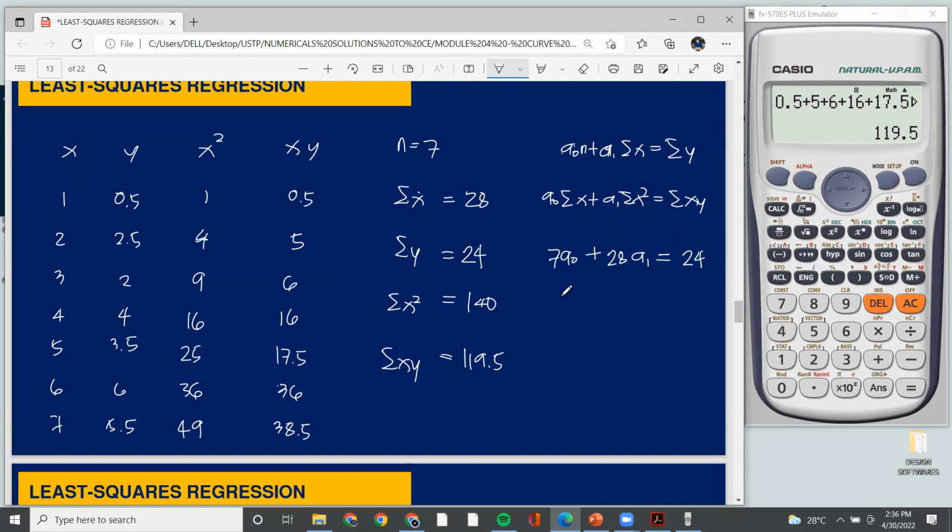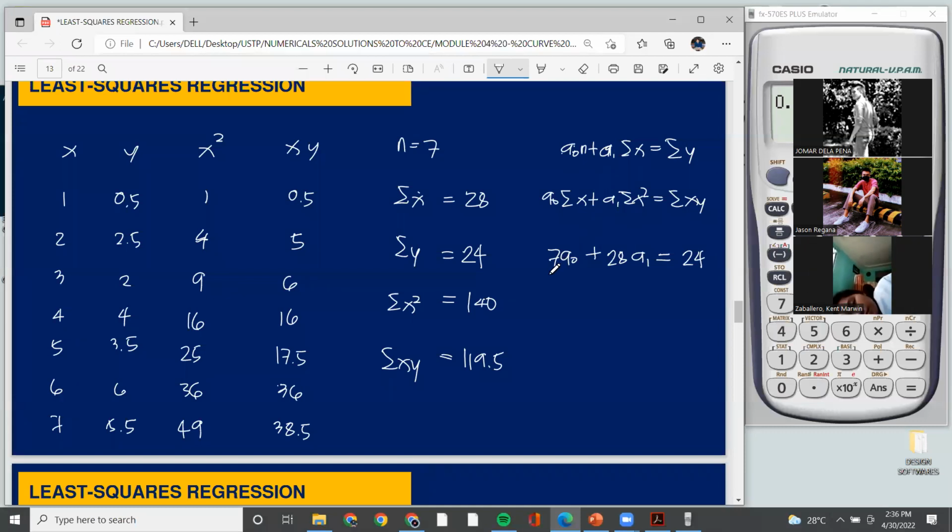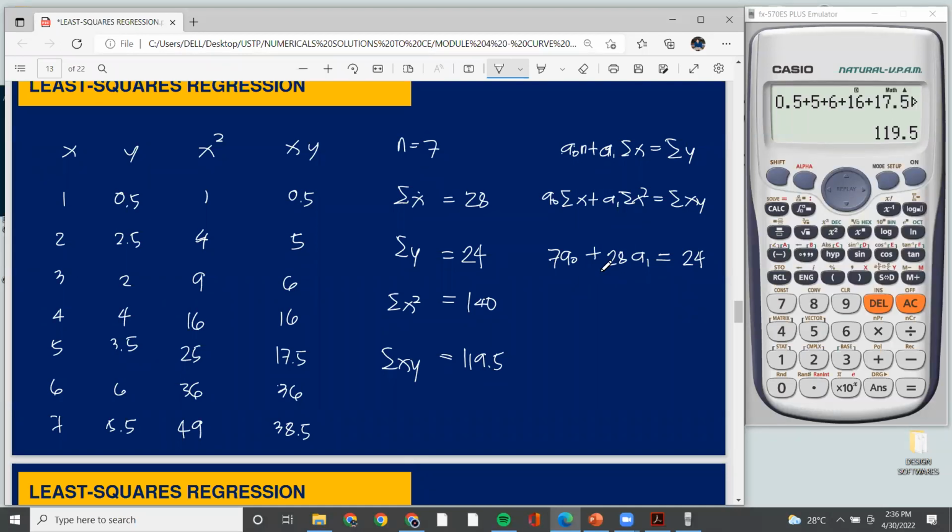And next we have A sub 0 times the summation of x, which is 28, so 28 A sub 0.